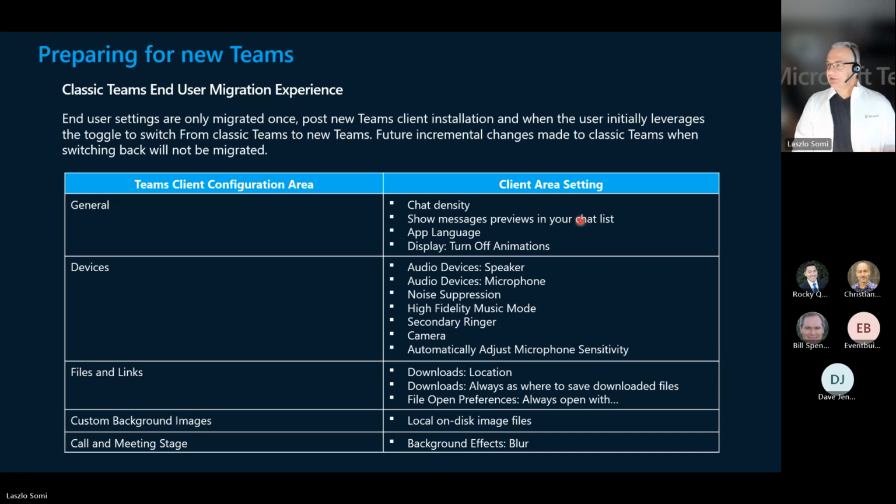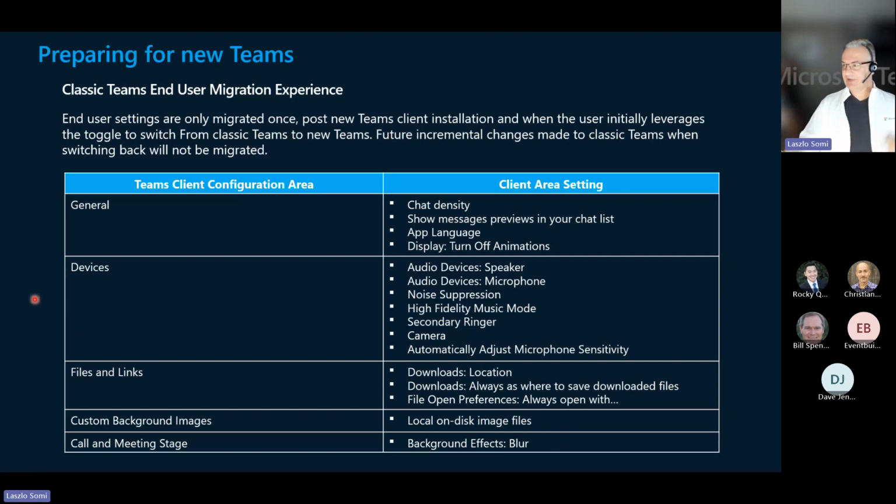So chat density, how you view messages, how messages show up, what the default languages are, animations turned on or off, all of these will migrate the first time you launch the new Teams, as well as devices and preferences and how those are set up. Files, links, default locations, custom background images.